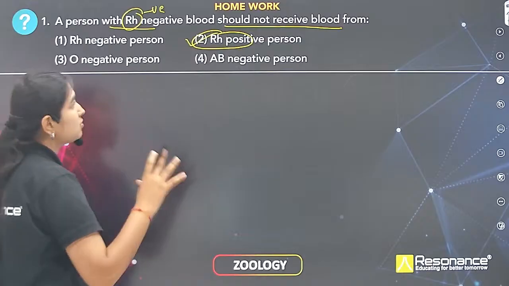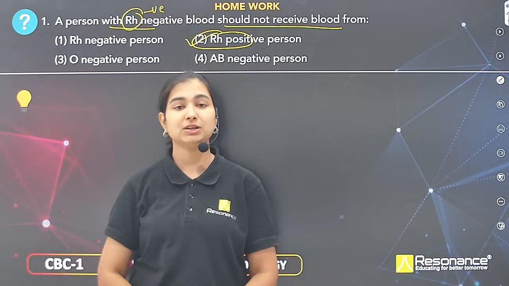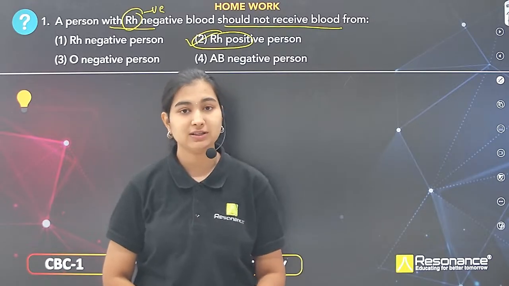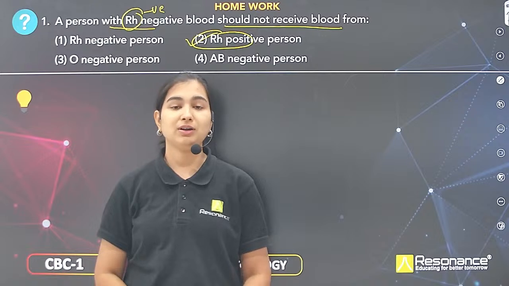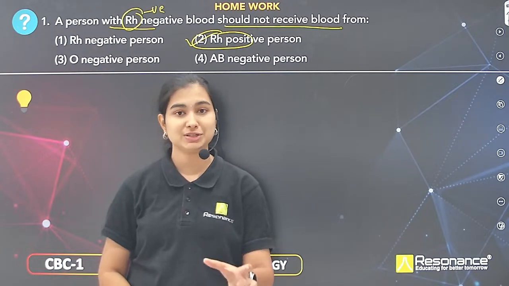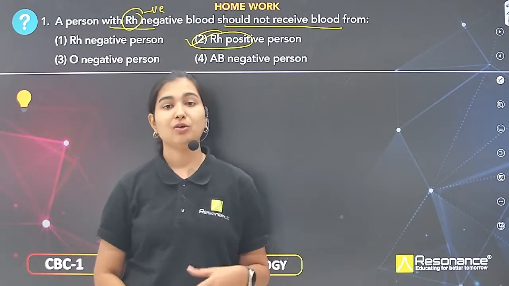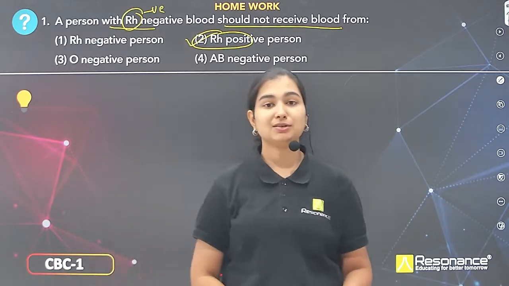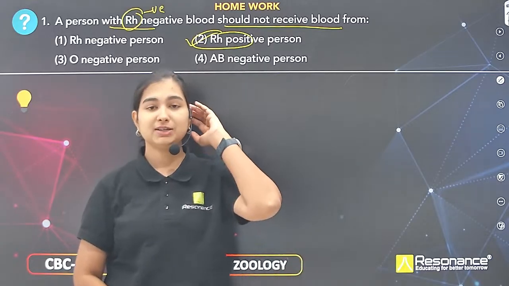Next, you also observe this case in the chapter body fluids and circulation that you all will be reading in grade 11. So you will be studying about a condition which arises due to this RH incompatibility, called what? The erythroblastosis fetalis. Right.